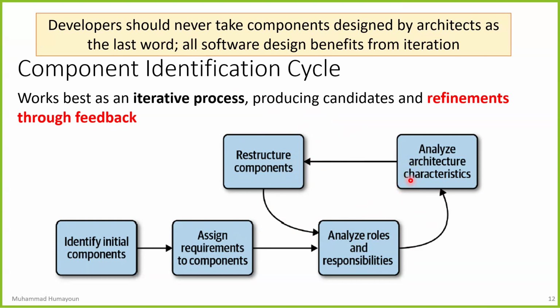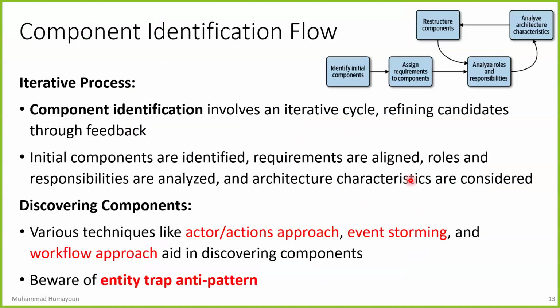Okay, so what kind of methods do we have that allow us to do that process? What I just explained is what is written here. However, we have precisely three methods to identify components. The first one is called the actor actions approach.